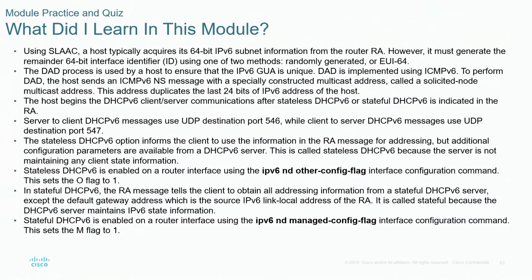SLAAC usually gets its 64-bit subnet info from the router advertisement and then figures out its ID, hopefully using a randomly generated number or EUI-64. It is not maybe a complete waste of time to check to see if you have duplicated a 2 to the 64th power number, but hey, it's a thing you do.